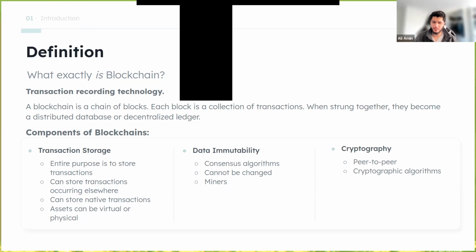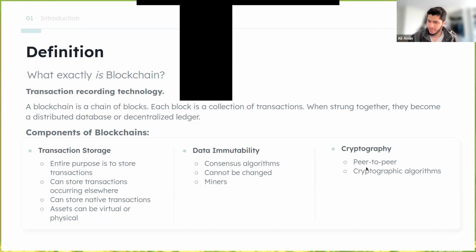Consensus is done in a couple of ways. One of the main ways is a consensus algorithm, and we'll get more into that. But the main idea of consensus is that nothing on the blockchain can be changed, and that all of the people on the network agree that all the information is valid. And then there's also something called miners, which we'll talk about. It's relevant to Bitcoin. It's not too relevant to this project, but we will touch on it.